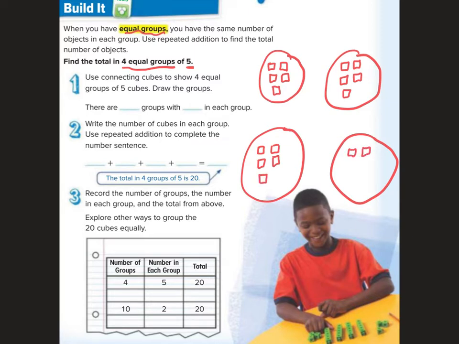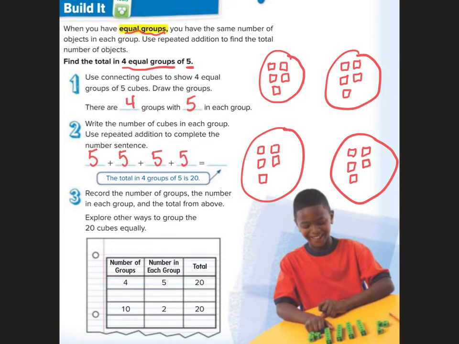One, 2, 3, 4, 5. Now, there are 4 groups with 5 in each group. Write the number of cubes in each group. We can do that as repeated addition: 5, 5, 5, and 5.